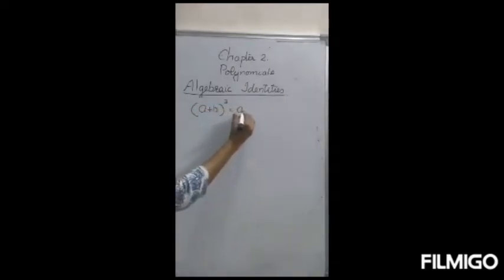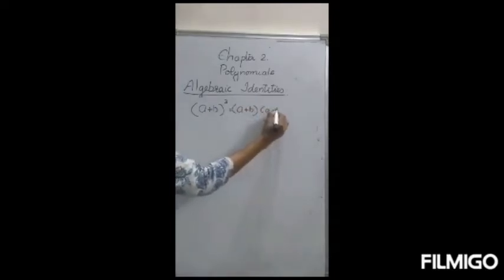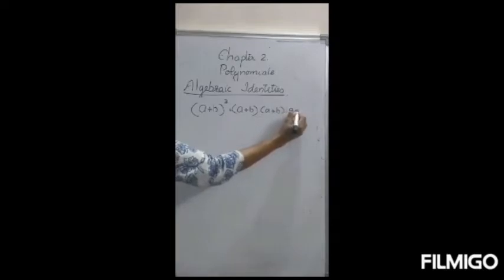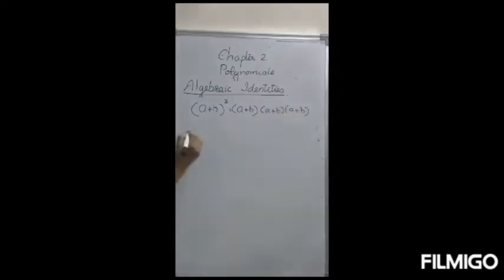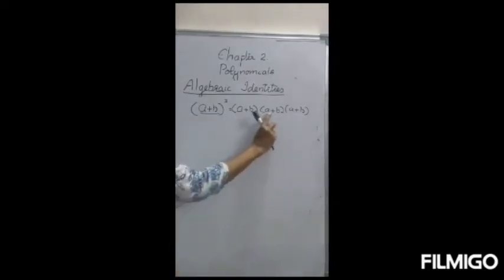Identity: (a plus b) whole cube. That means (a plus b) into (a plus b) into (a plus b). If it is a cube, here base is a and a comes a into a; that means here in the place of a, a plus b is there. So (a plus b) whole cube equals (a plus b) into (a plus b) into (a plus b).